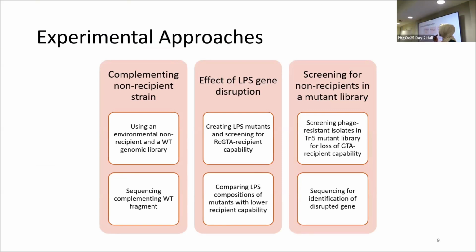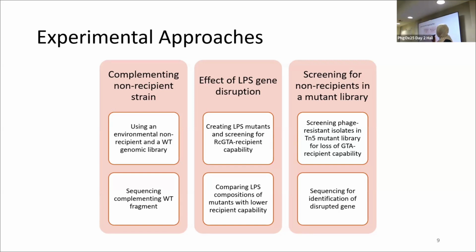The next set of experiments involve LPS mutants, so identifying potential LPS biosynthesis genes, and then creating knockouts of those genes using site-directed mutagenesis, and then screening those mutant strains for their GTA recipient capability, and looking at their LPS composition.